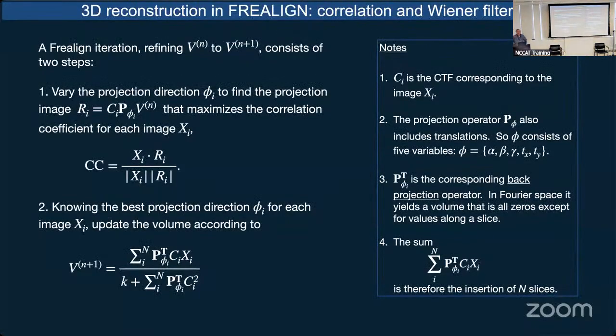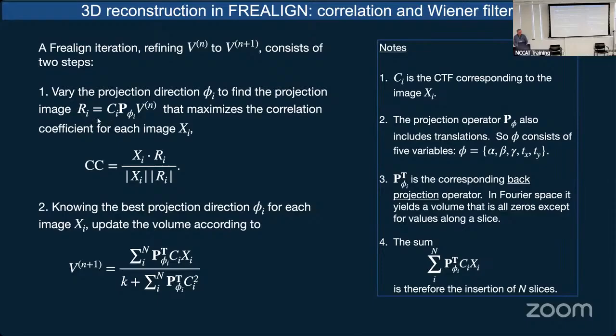So now I'm going to talk about Nico Grigoriev's FREALIGN program, which was the first single particle program that could get to 3 angstrom, near atomic resolution, because it's the first program that explicitly included the CTF in the calculations.